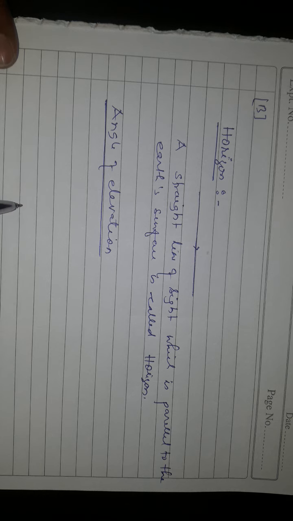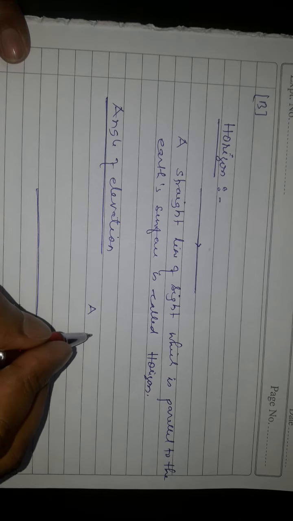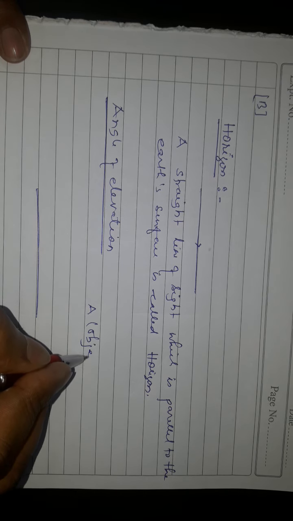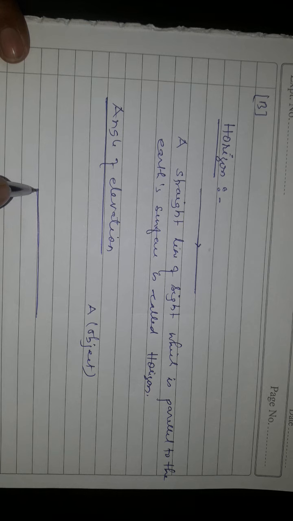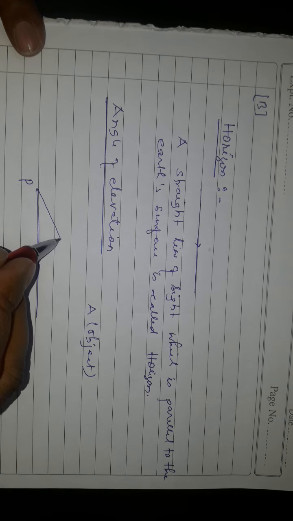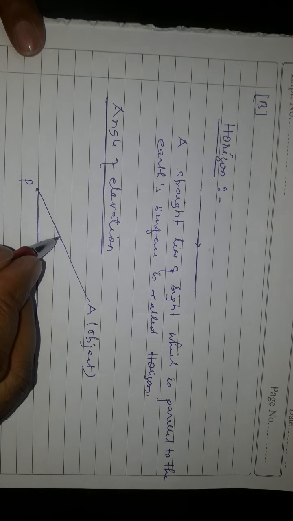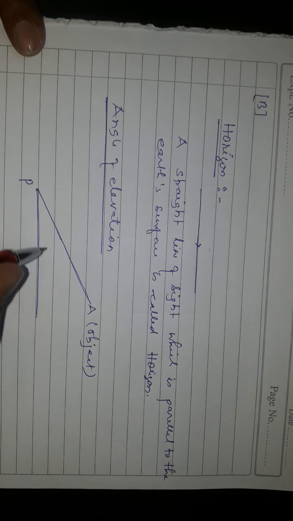Suppose an object is above the ground at A. Here is an object and a person is standing at P. Want to see the object from P. The object forms an angle at the eye of the observer.